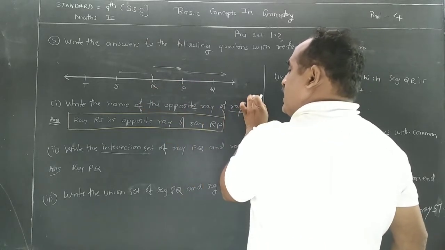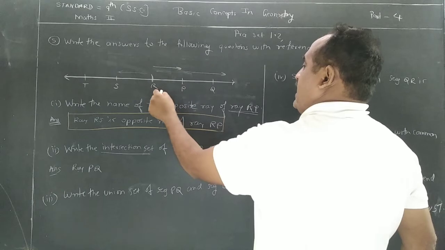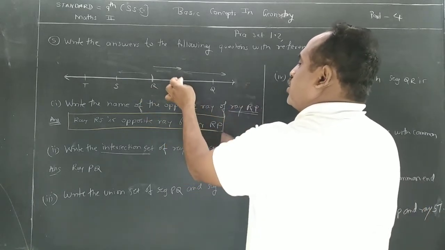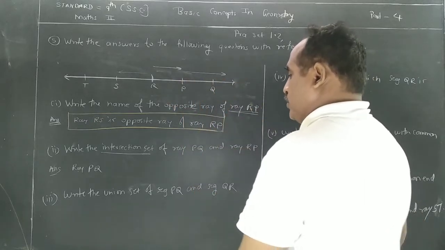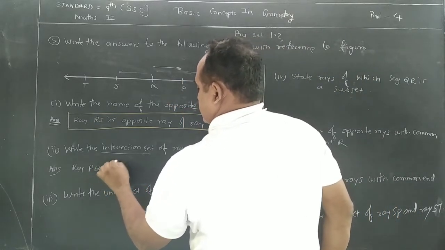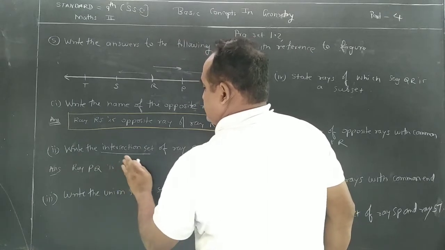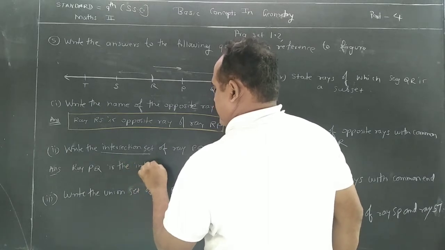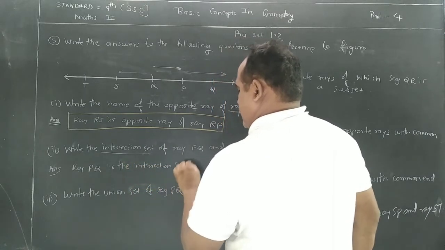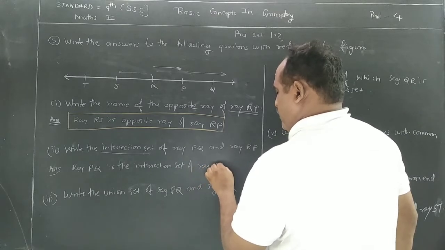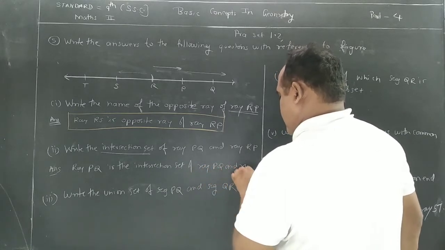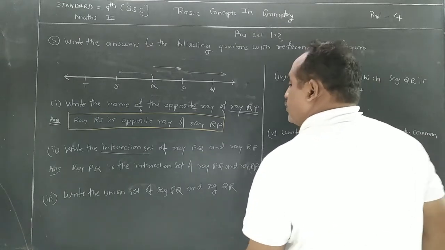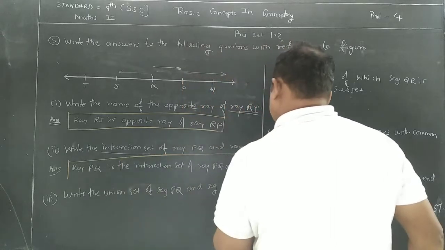See, RQ is going this way, RP, meaning RQ, is going in this way, PQ is going in this way, so what is common between them? Ray PQ is the intersection set of ray PQ and ray RP. This you have to put in the box.